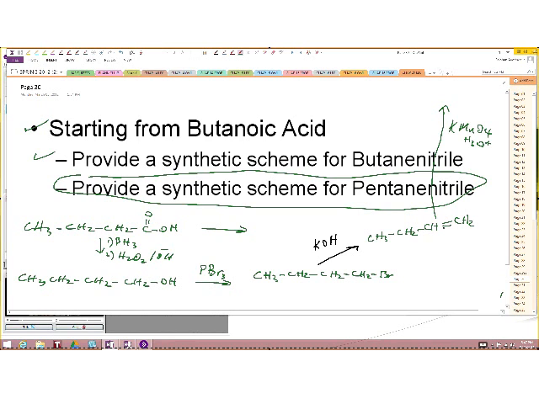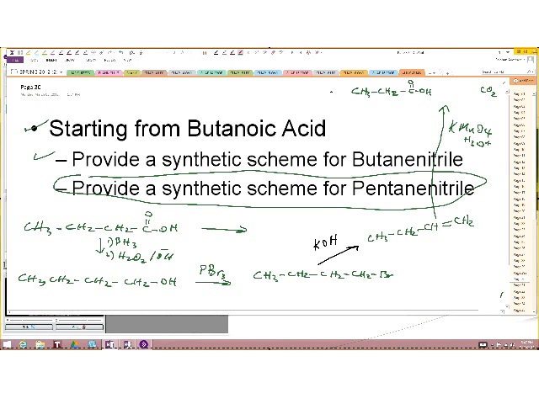That will cleave this here. Now you are going to get propanoic acid. This other carbon becomes carbon dioxide.